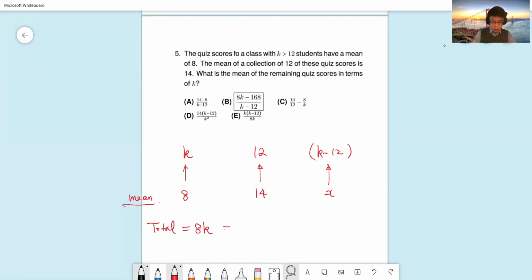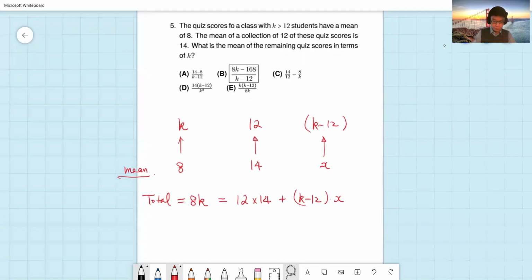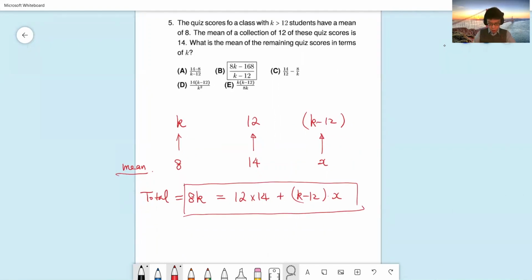On the other hand, it equals 12 times 14 plus K minus 12 times x. So from here, we can solve x. And 12 times 14 equals 168. So we have x equals 8k minus 168 divided by k minus 12. The answer here should be B.